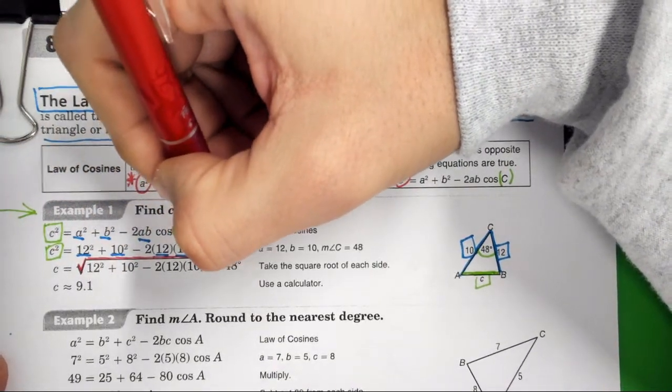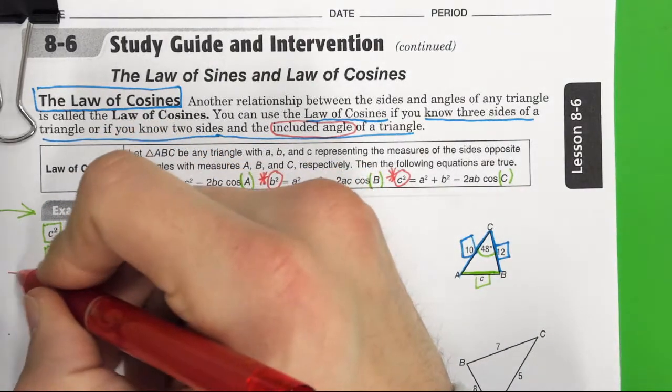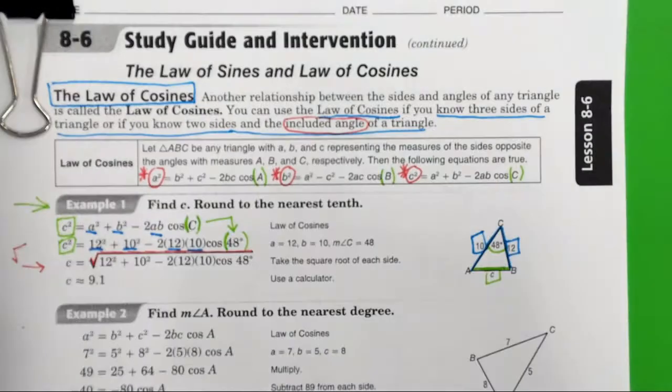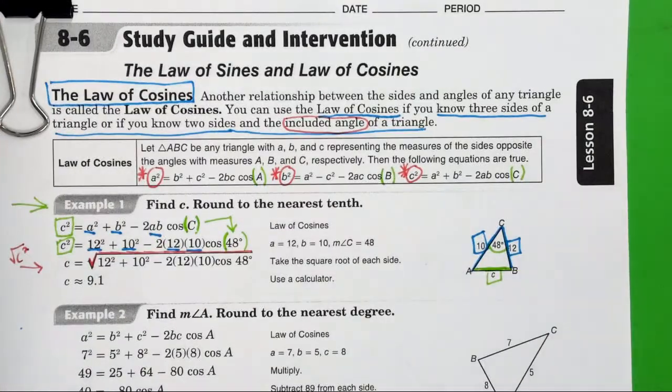We found the square root of all of that because at the end of the day, you still have to find the square root of c squared to get regular c. So find the square root of c squared, and you end up getting c. If you square root one side, you have to square root the other side, which is all this stuff. You end up getting 9.1.